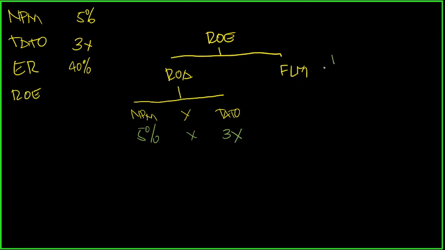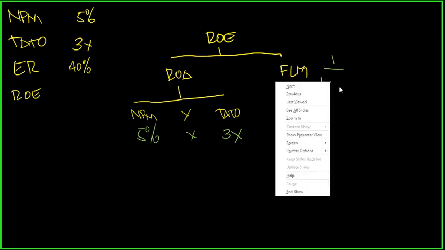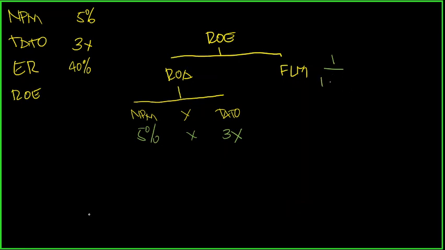This is actually 1 divided by 1 minus the equity ratio. Anyway, we can just erase that. So you have 1 divided by the equity ratio, which is 40%, or 1 minus 60%.